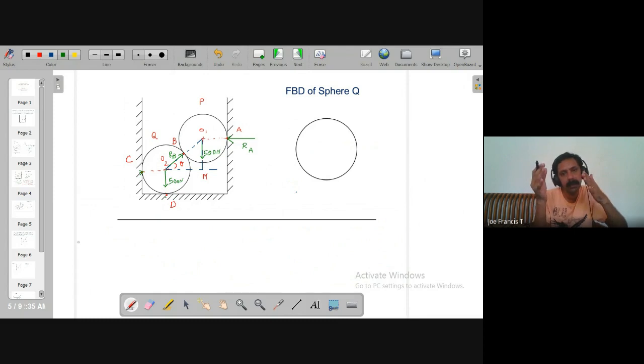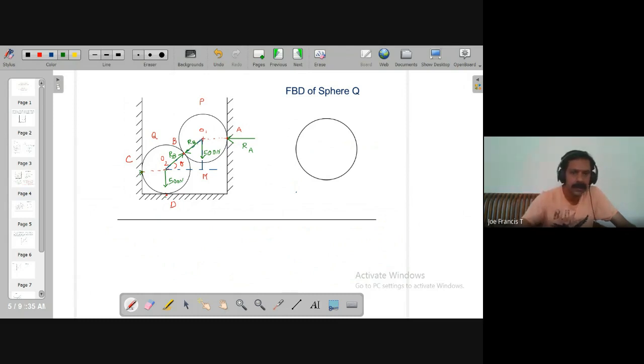So P will be offering a reaction at B, which will be equal and opposite to RB, which we already found out. But let's mark that. So you have a reaction acting here, just in the opposite direction of the previous RB. So you have RB here. That is one of the reactions.